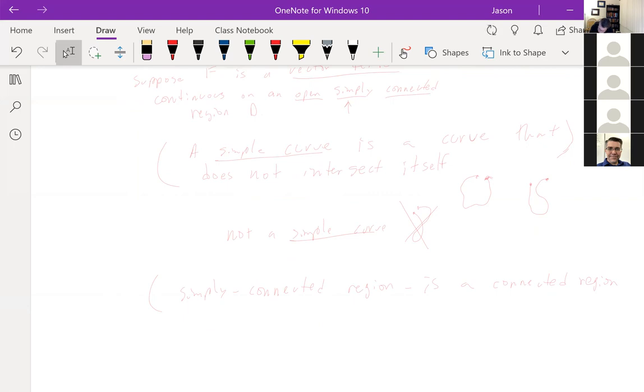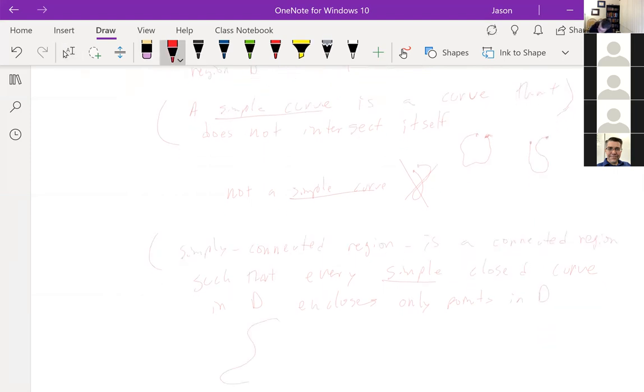Such that every simple closed curve in D encloses only points that are in D. Only points that are in D.